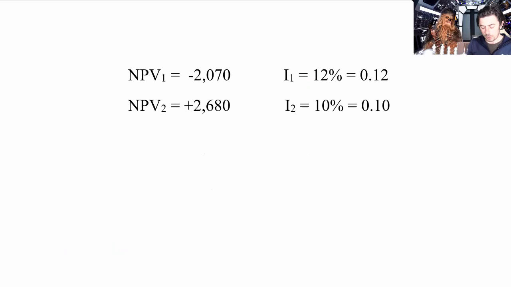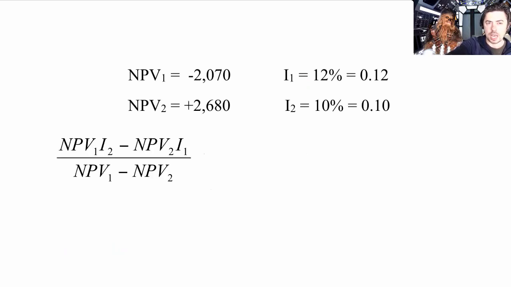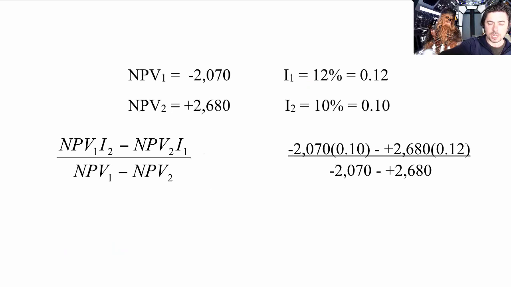Here's the summary of the values that we either calculated or were given. NPV1 is negative 2,070, and I1 was your 12, and next part 2,680 and 10%. And we just plug them into the formula as given. You can leave it as a percentage or change it to 0.12 or 0.1.